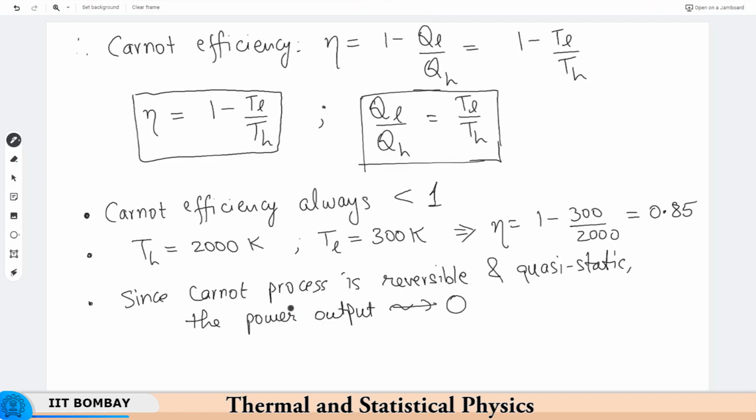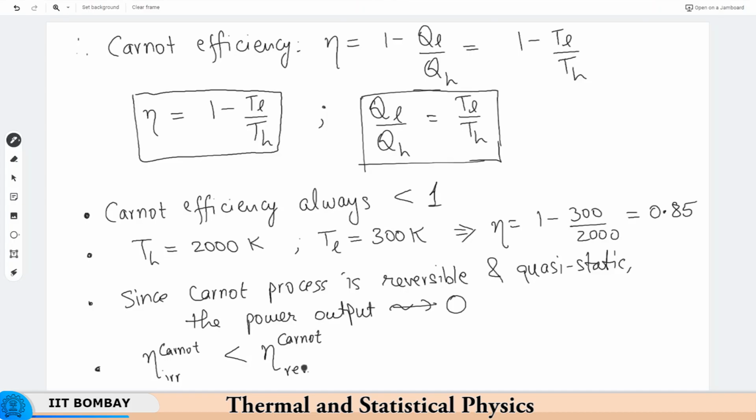So, therefore, this is a theoretical upper limit, and this is allowed only for a reversible engine. So, basically what I am saying is, if I have a Carnot engine with an efficiency eta Carnot which is performing irreversibly, that has to be less than a Carnot engine efficiency which is performing reversibly, and we will come back to this concept later on.